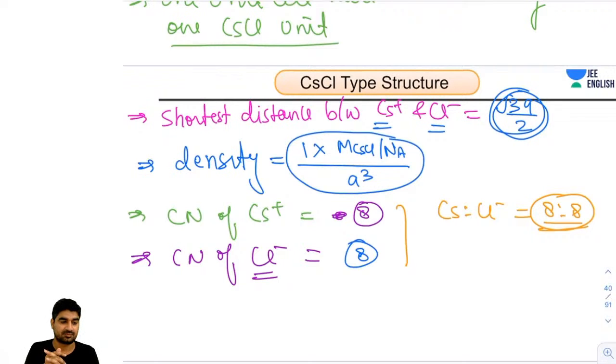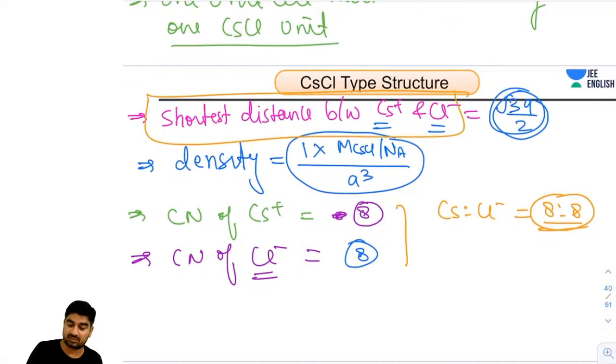No doubt? So the shortest distance between cesium and chloride is root 3a by 2. I told you this. So this is all about cesium chloride. Is there anything which you want to discuss now?